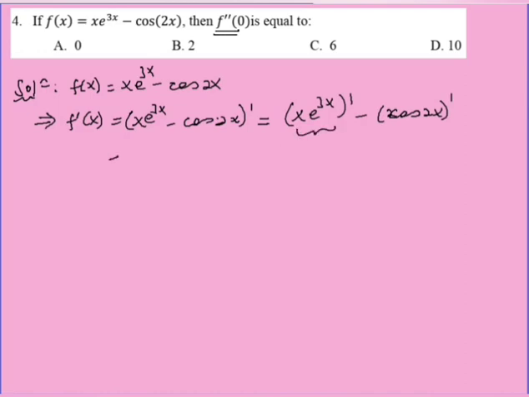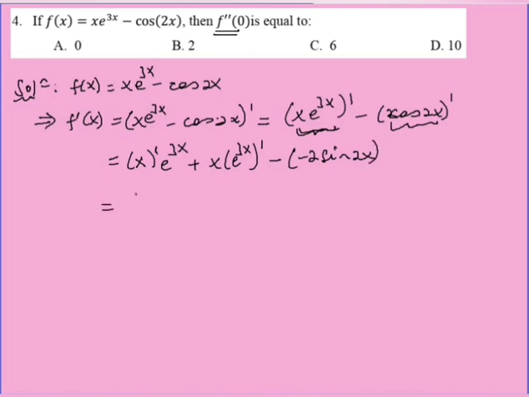Using the product rule, we have x derivative times e to the power of 3x plus x times e to the power of 3x derivative, only for this part. But the derivative of cos 2x is minus 2 times sine 2x, applying the chain rule.